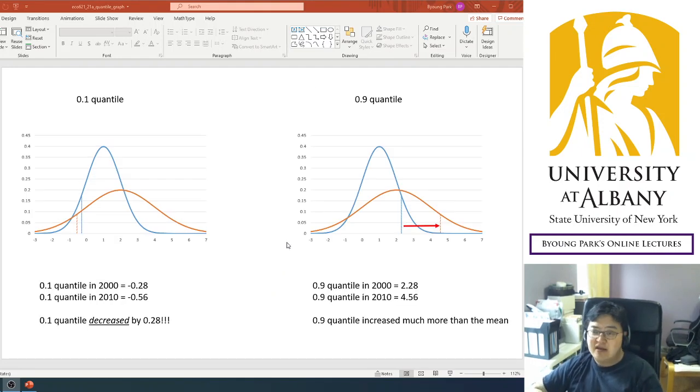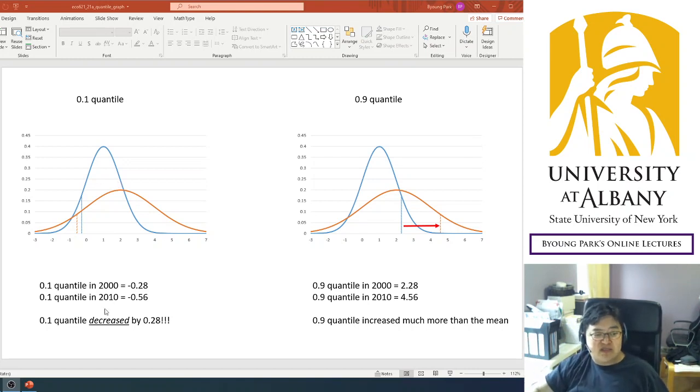if you look at other quantiles, say the 0.1 quantile at each time period, what is interesting here is that the 0.1 quantile decreased over 10 years. So even if the mean increased, the quantile may decrease because the inequality increased.